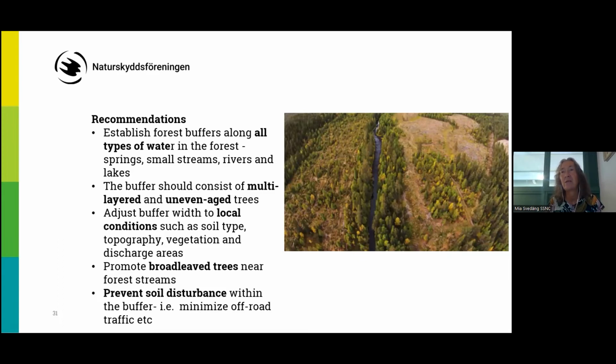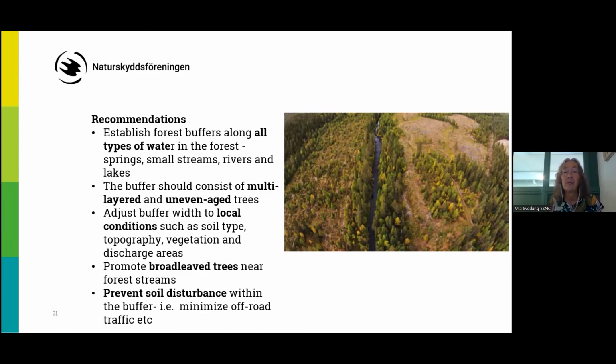So it should be some sort of a more or less natural woodland close to a stream. That's the best. And the width of the buffer should be adjusted to the local conditions, such as soil type and topography and which kind of vegetation you have.